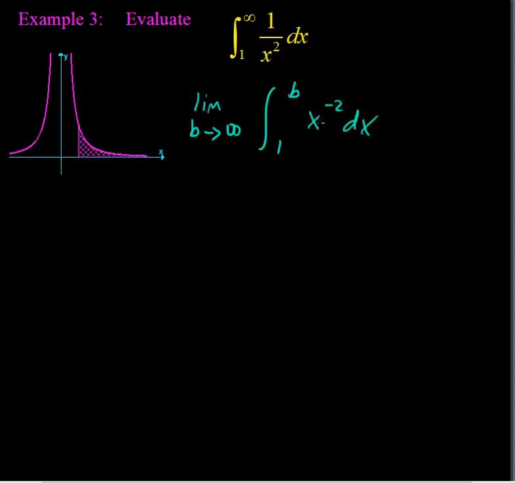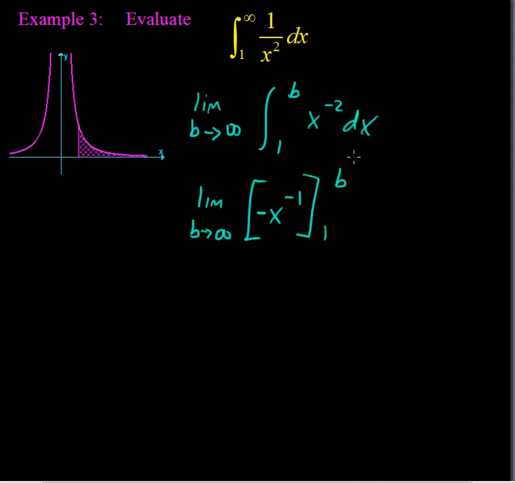You can see this is a really simple integral to take. Add 1 to the exponent, and we get x to the negative 1, and divide by the new exponent, so divide by negative 1, or we can multiply by negative 1. So that's the limit as b approaches infinity of that integral from 1 to b.